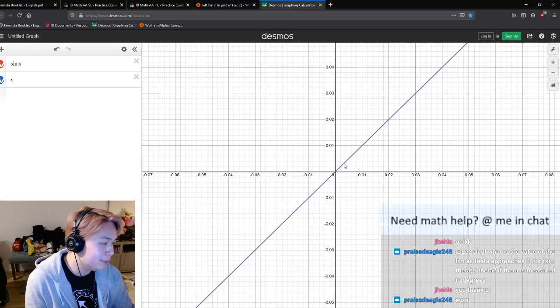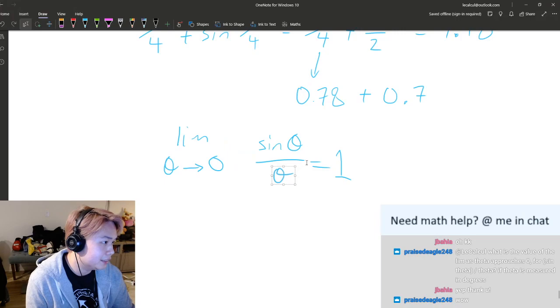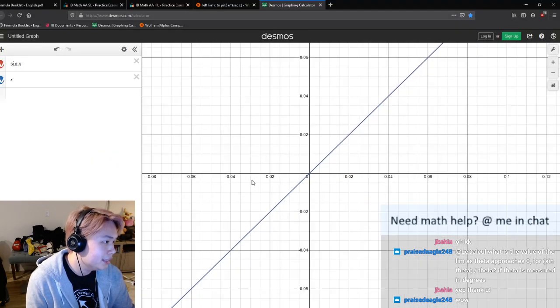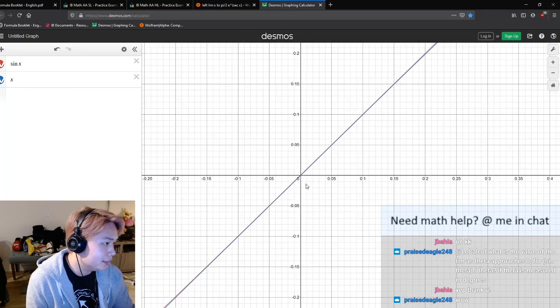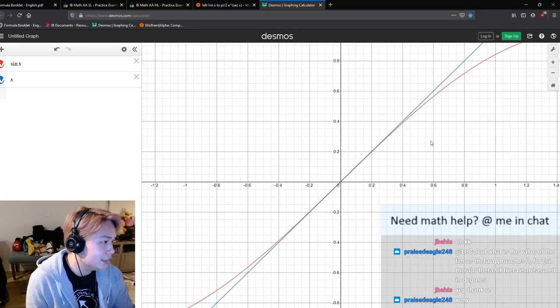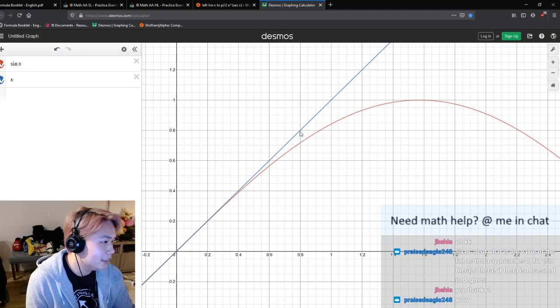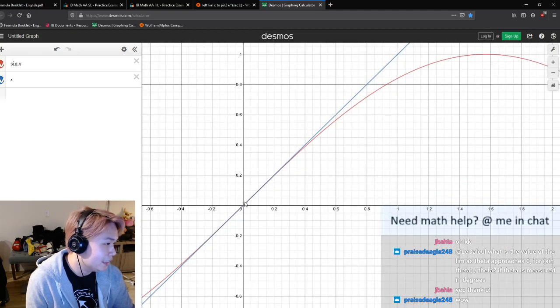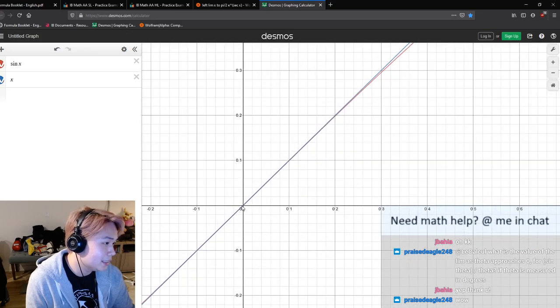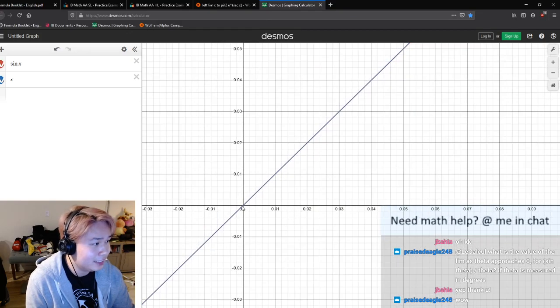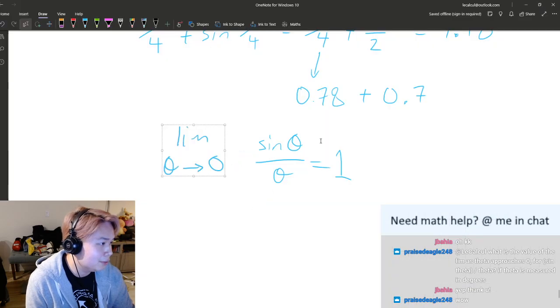So if you're dividing one by the other, well, because they're basically the same, you get 1. Now obviously this isn't true for not close to 0, because you can see, even if I move just a little bit, they are different here. But the limit says that if you're close to 0, then they're basically the same thing. So if you're dividing them, then you get 1.